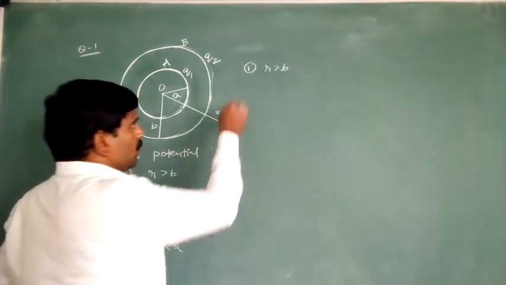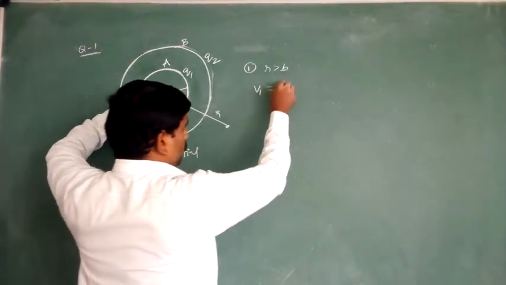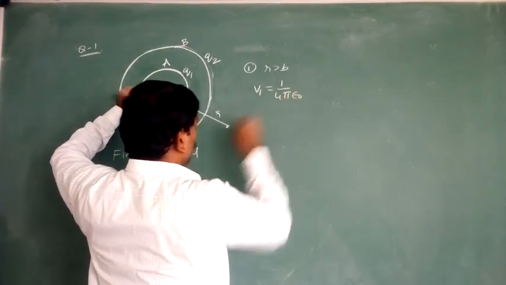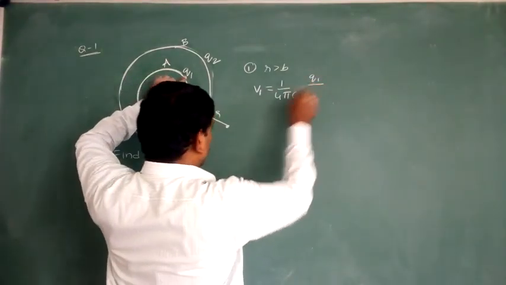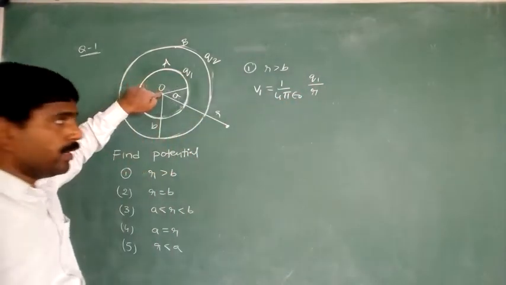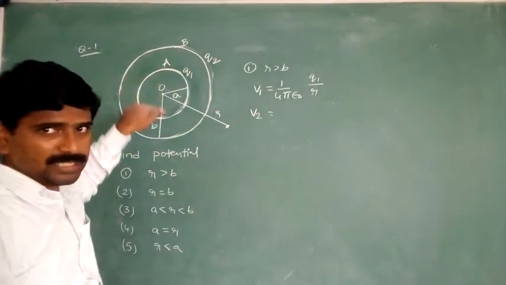Here V1, the potential due to the first shell, is equal to 1 by 4 pi epsilon naught into charge Q1 by that distance, r. Next, V2 is the potential due to the second charged shell.